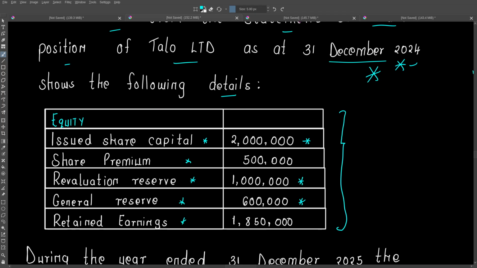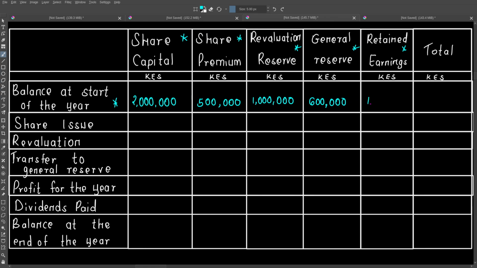Then our retained earnings is 1.85 million. This will give us a total of 5,950,000. So these are basically our opening balances, which you have gotten from the previous period statements.